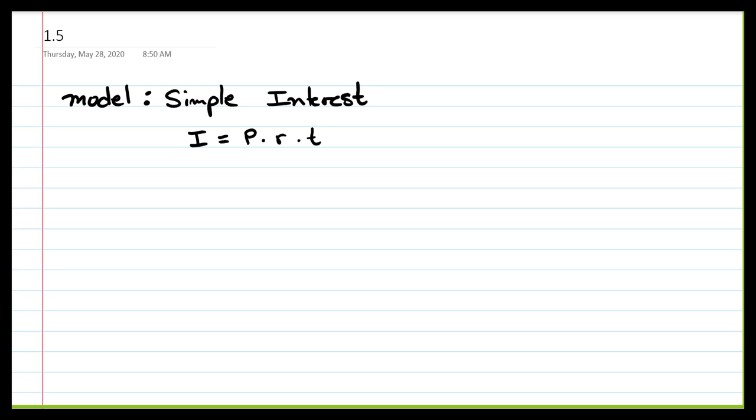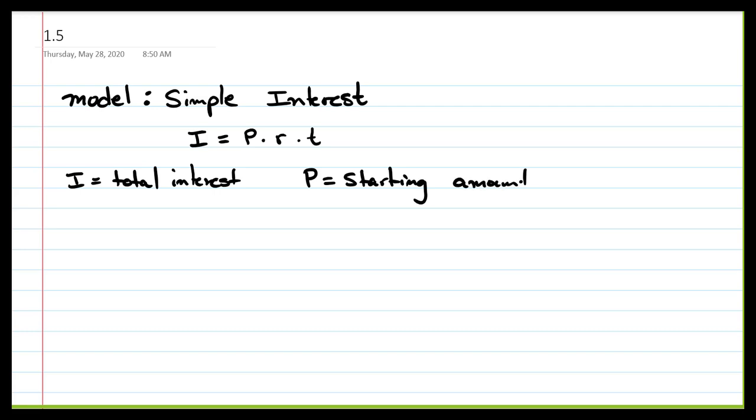So I is our total interest. P is our principal, or our starting amount. R is our interest rate.